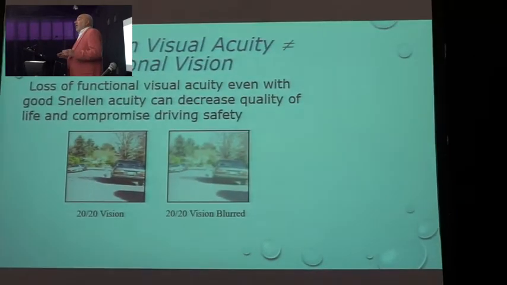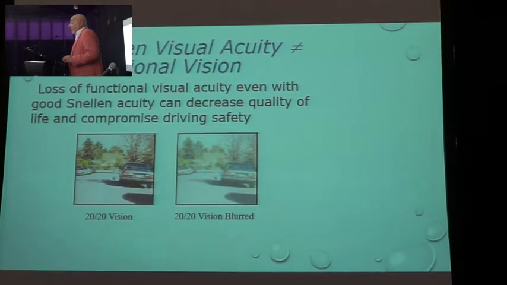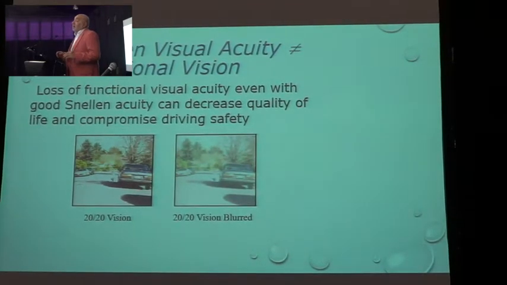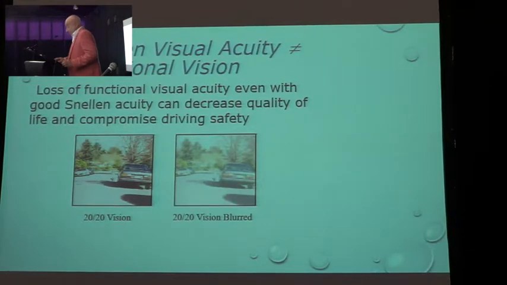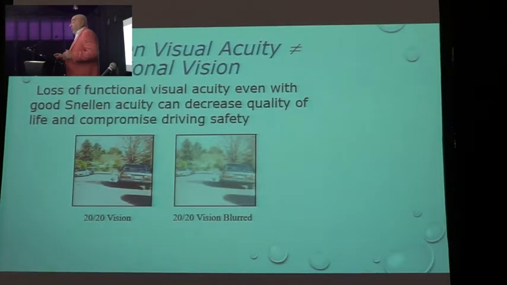So what we really can say is that Snellen visual acuity is not quite the same as functional vision, as you can well see on this slide, which demonstrates very well what I said: 20/20 vision clear and 20/20 vision blurred.